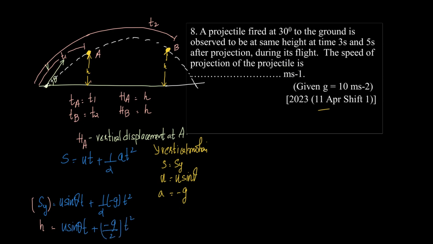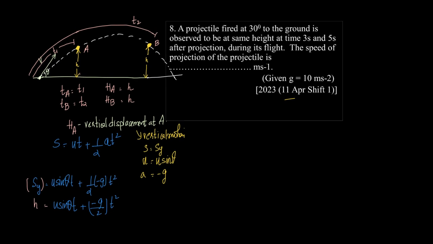Now let me rearrange this equation in the form of a proper quadratic, which would look like g by 2 into t square minus U sine theta into t plus h is equal to 0. Why did I write it this way?